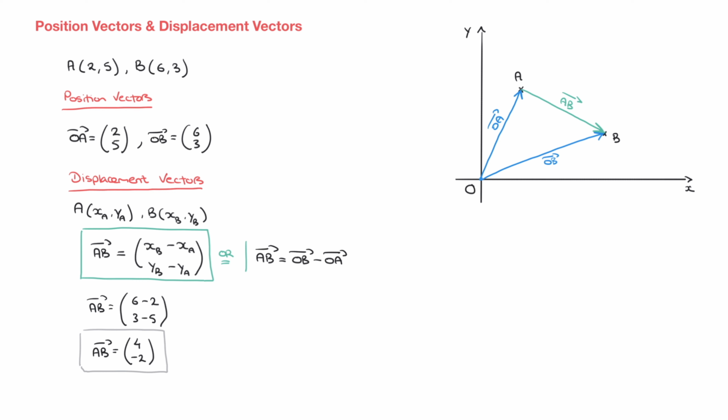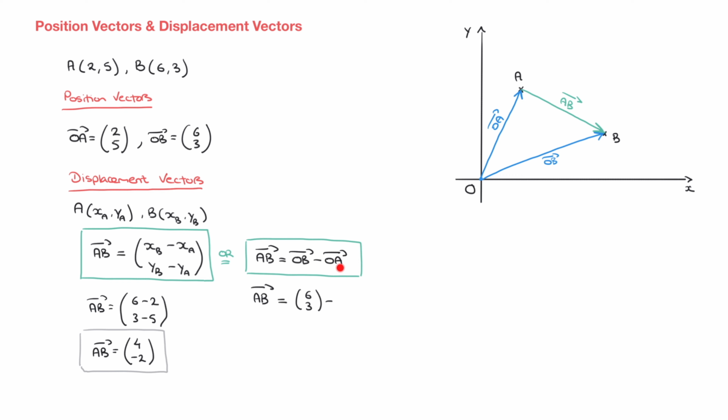And trust me when I say that when working with vectors in geometry, this result is one that you definitely want to know. And so for the sake of showing you that this, of course, leads to the same result as the one we just found, using the position vectors of OA and OB that we found earlier, we can quickly state that the vector AB, that's the displacement vector from A to B, is equal to OB, which is 6, 3. So let me quickly write that. That's the vector 6, 3.